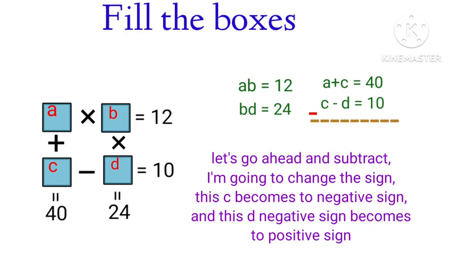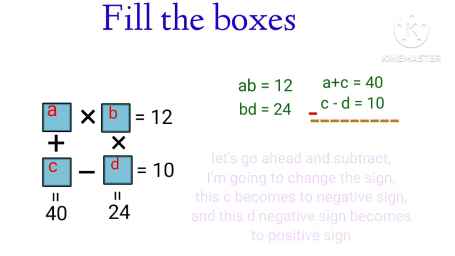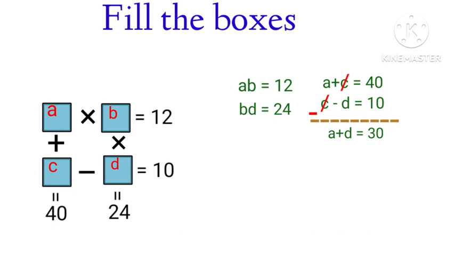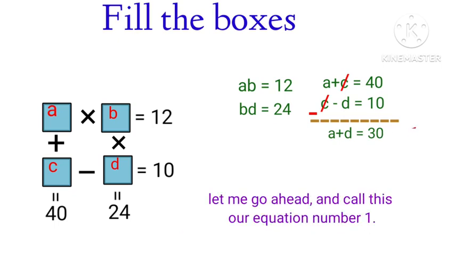This C becomes a negative sign, and this negative D becomes a positive sign. We can see that this C and this negative C are gone. So we end up with A plus D equals 40 minus 10, which gives us 30. Let me call this our equation number 1.